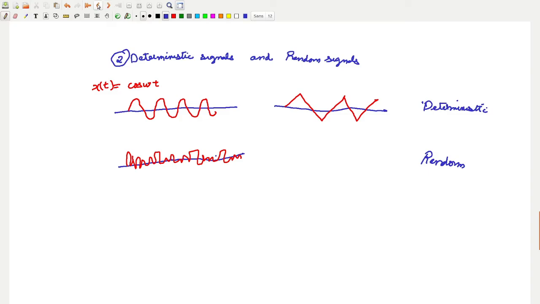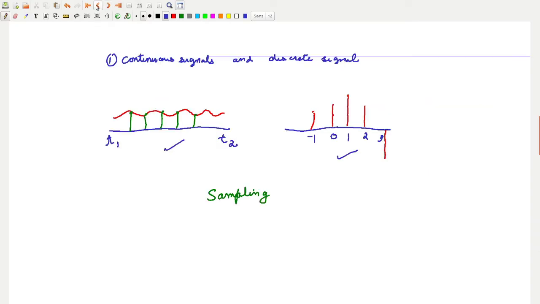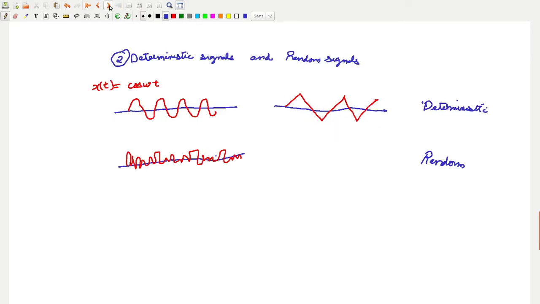In the previous case, it was based on continuous and discrete signals. Similarly, another classification is possible based on periodicity. Based on that, we can term them as periodic signals and non-periodic signals.